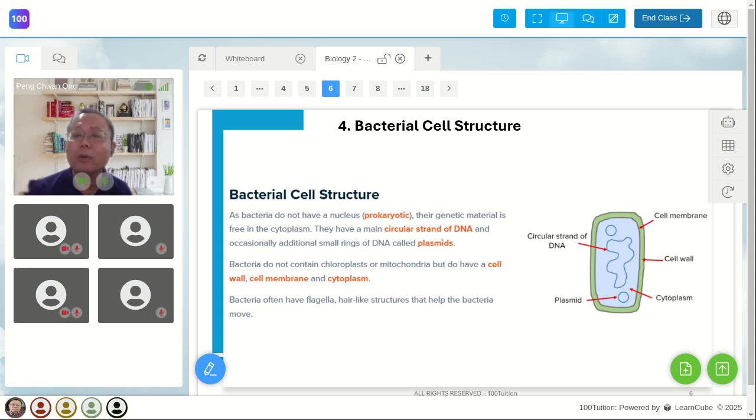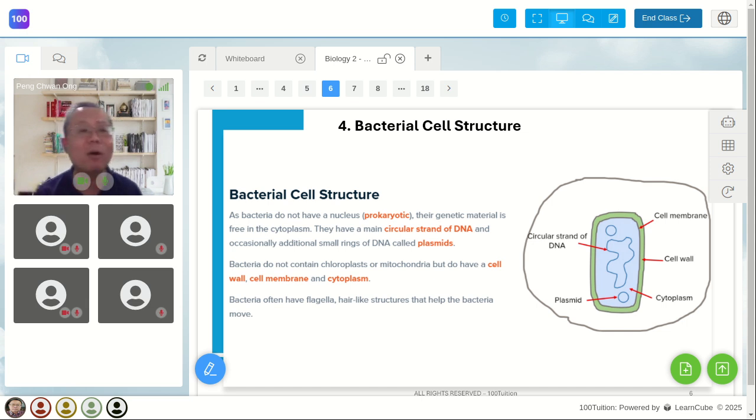Okay, again, let's look at the diagram first, and then we'll try to see how it is similar to the animal cell or plant cell, and how it is different. First, something that is the same as the plant is that they have a cell wall, and also it contains cytoplasm. Something that is quite different is that instead of a nucleus, the bacteria contain a circular strand of DNA.